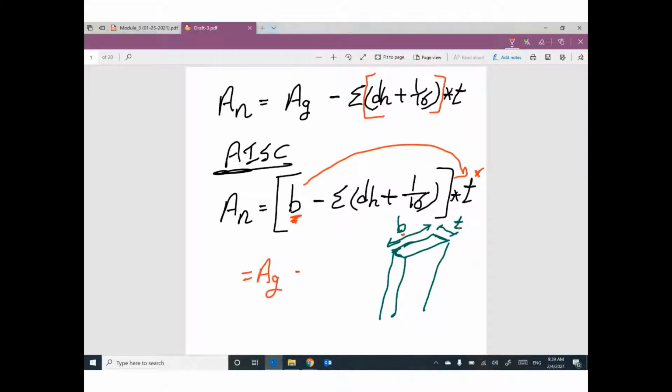Then you will have minus summation of d hole plus 1/16 times t. That make sense?